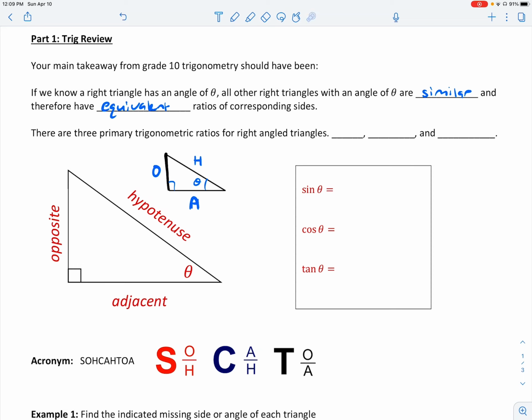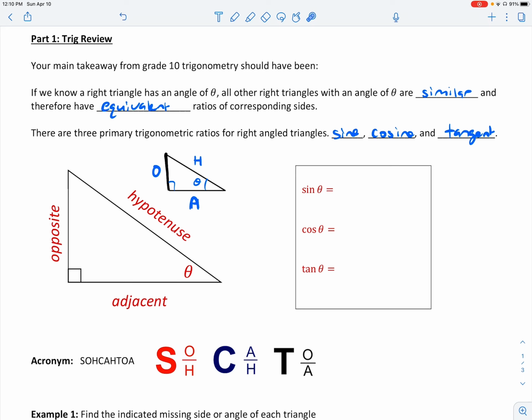So these ratios that I'm talking about between the side lengths, like O and A, O and H, we have names for them. They're part of the 3 primary trig ratios for a right angle triangle. First one's called sine, the second one is called cosine, and the last one is called tangent. The way to remember the ratios is to use this acronym here, SOHCAHTOA.